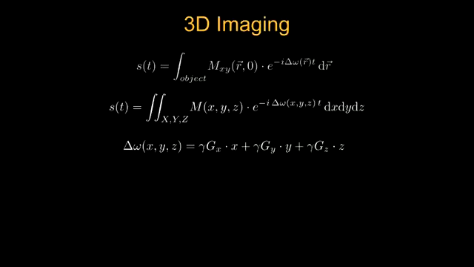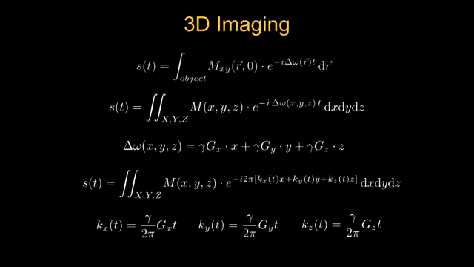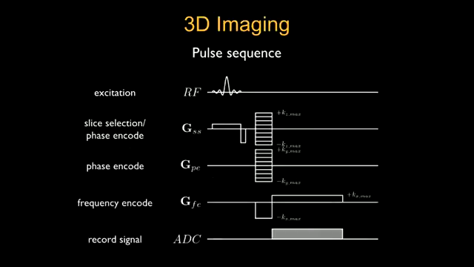So in this case, we're including the z gradient together. So it's going to be gamma gx times x, gamma gy times y, gamma gz times z. And here, kx, ky, kz is included. And the k-space definition is like this. And the full sequence will include this kz component.